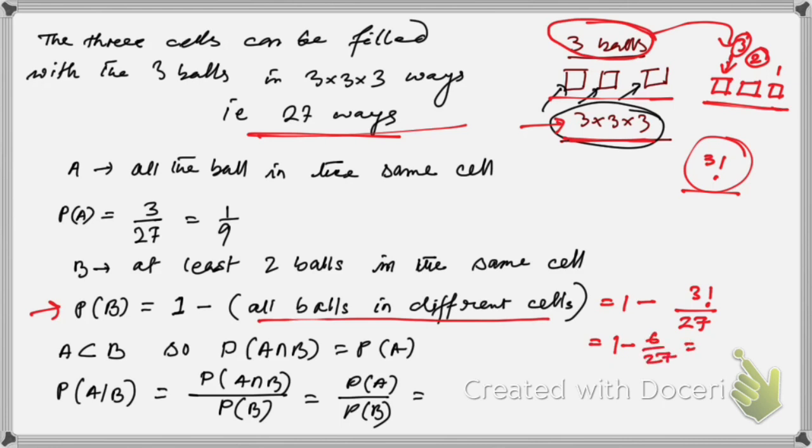If you cancel 6 by 27, we get 2 by 9, so 1 minus 2 by 9 is equal to 7 by 9. So probability of A is 1 by 9 and probability of B is 7 by 9, and in that case the 9s cancel and we have 1 by 7. This is the answer, the required conditional probability.